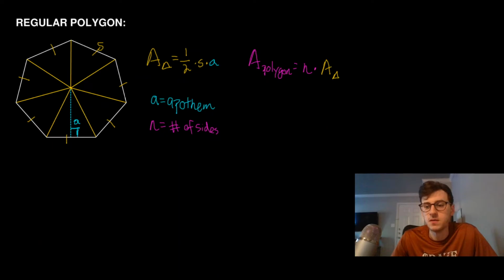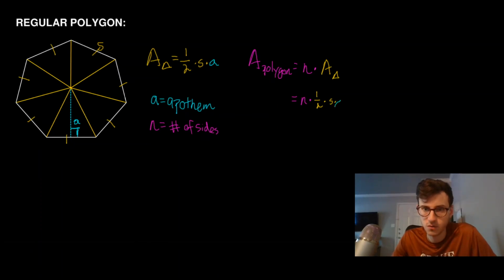So that means that it is equal to n times 1/2 times the side times the apothem. So let's go back here. 1/2 times the side times the apothem.